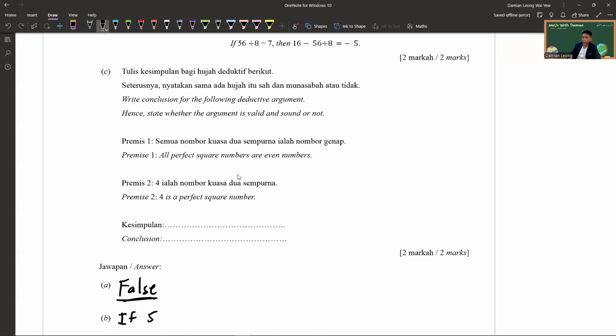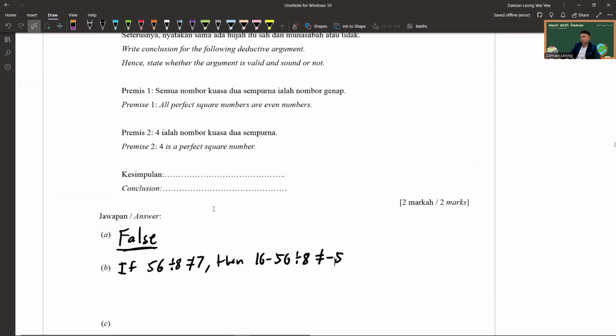Means if 56 divided by 8 is not equal to 7, then 16 minus 56 divided by 8 is not equal to negative 5. Okay, and this is true.